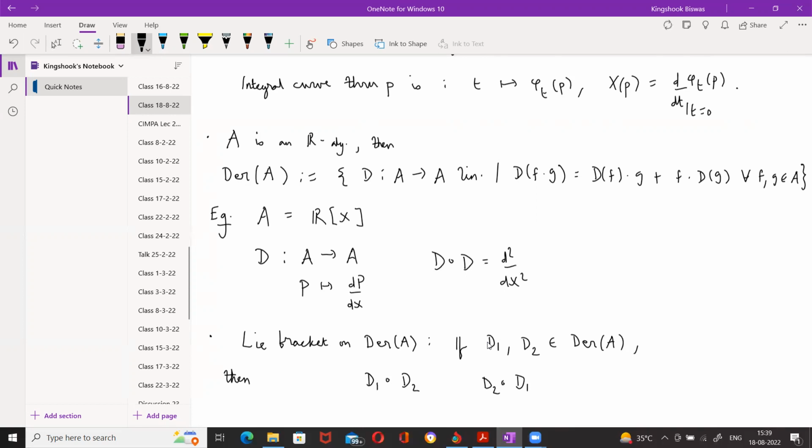This does not satisfy the Leibniz rule, it's a second order derivative. But if I take the compositions D1D2 and D2D1, the difference does satisfy the Leibniz rule. So this actually will be a derivation. This is defined to be the bracket of the two derivations D1, D2.